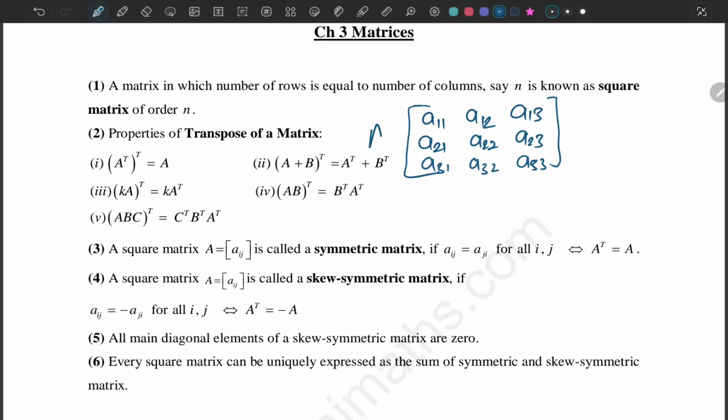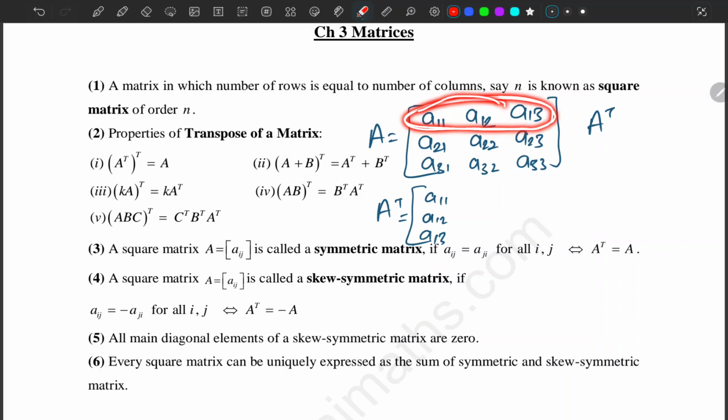If I'm talking about A transpose, then it is a11, a12, a13 taken and aligned vertically in the first column, then the next three aligned vertically in the second column, and the last three in the third column.